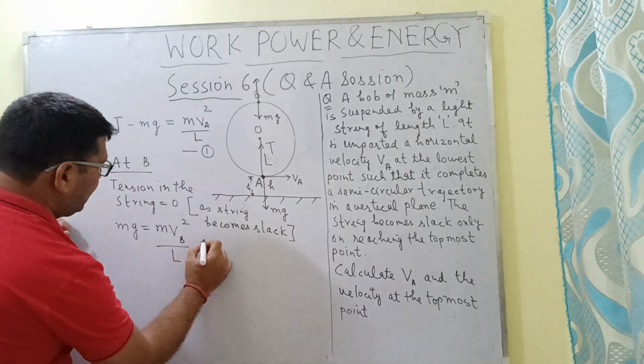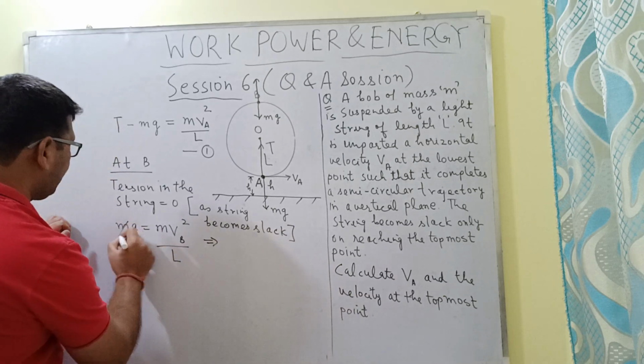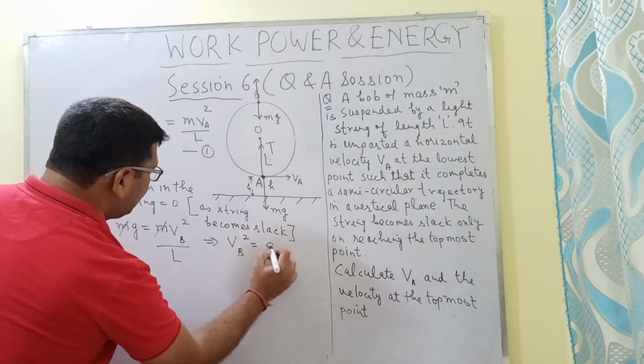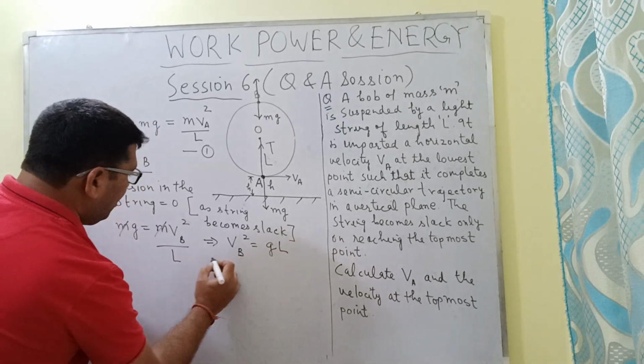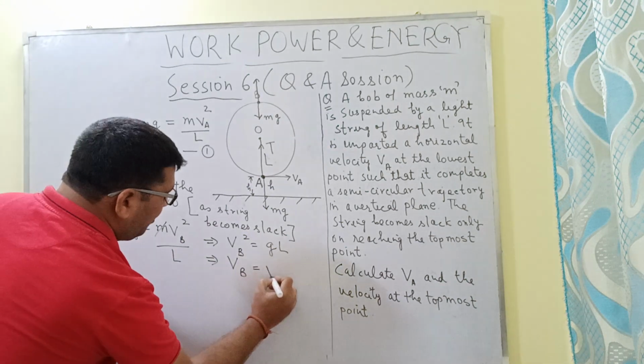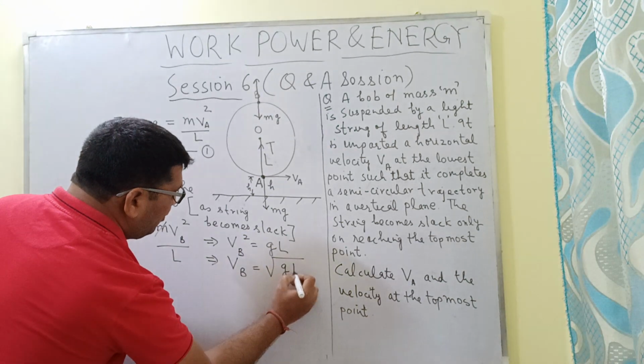So from this equation, if I just cancel it out, vB squared is equal to gL, or it implies that the velocity of the bob at the topmost point is equal to under root of gL.